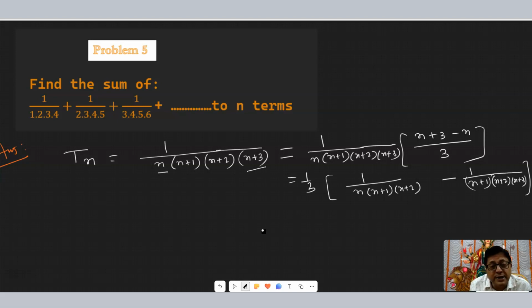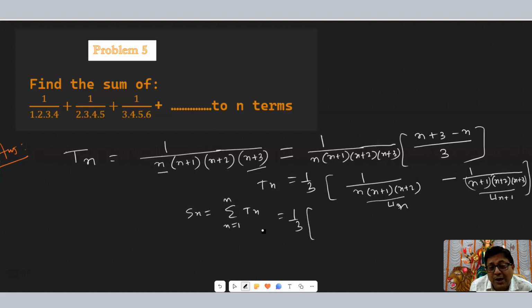Like this one, Tn is this. What is Sn? It is going to be sigma Tn, n equal to 1 to n. This is say un, I mean 1/3 multiplied. So this one is u(n+1). What is the sum in this case?